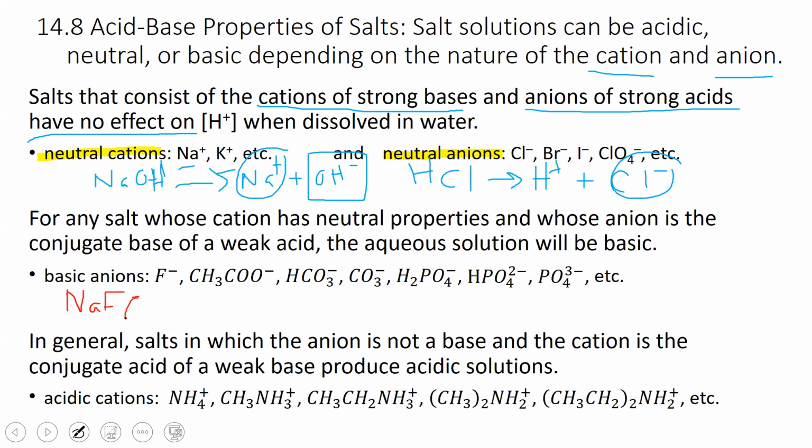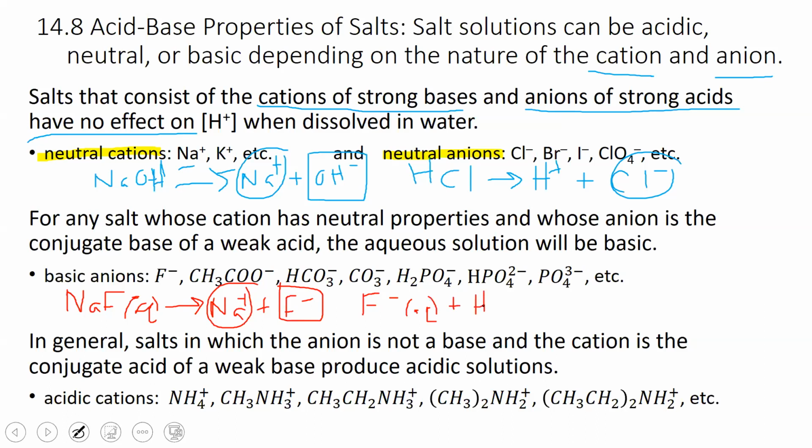So the sodium fluoride will dissociate, we know, into sodium ion and fluoride ion. And so we know the sodium ion itself doesn't have any acidity to it, but the fluoride ion does have some measure of basicity. It does have an attraction to a proton. And so what we would have to take into account now is the basicity of that fluoride, and how it reacts with water.